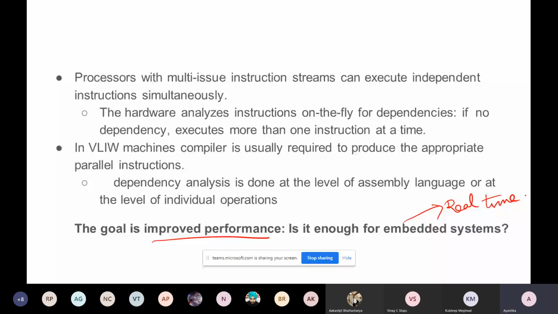But in embedded systems, too much before and too late are both deadly. So you have to be just in time. For this reason, whatever performance improvement you are giving must also be calculated. This is one basic difference between general purpose processing and embedded system processing.